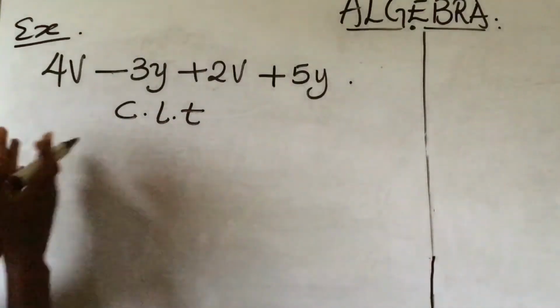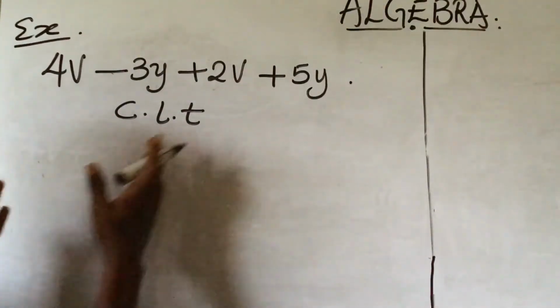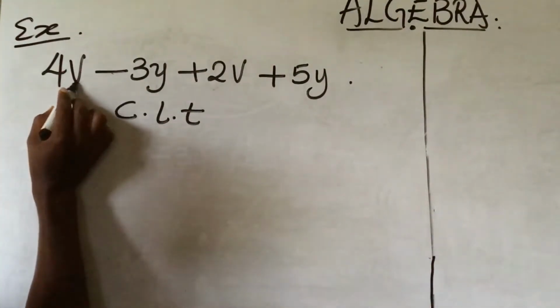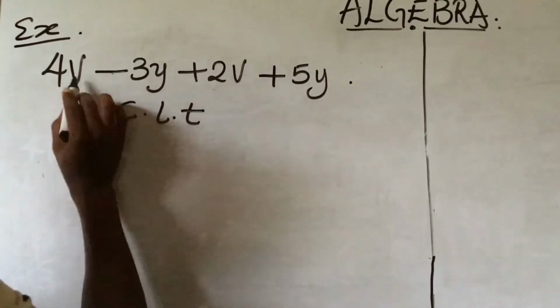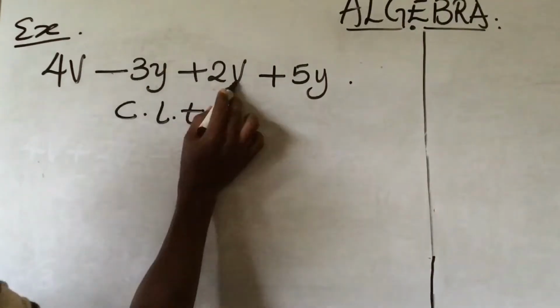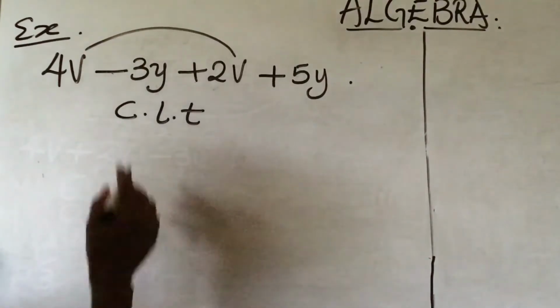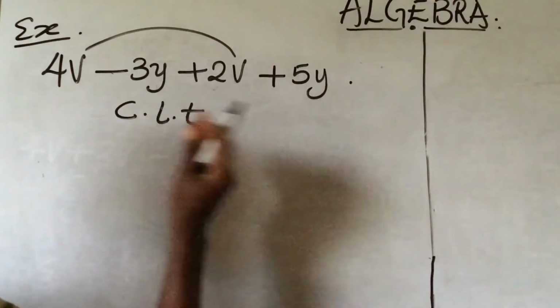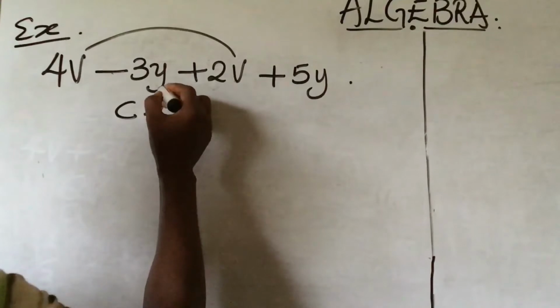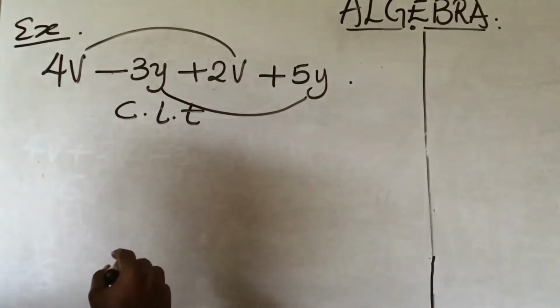So we're going to look for the ones that are of the same family, that's the like terms. Here we have 4v and 2v. They are of the same family of v and v. So they go together. Then 3y and 5y, they are of the same family of y and y. Okay? So they are also together.